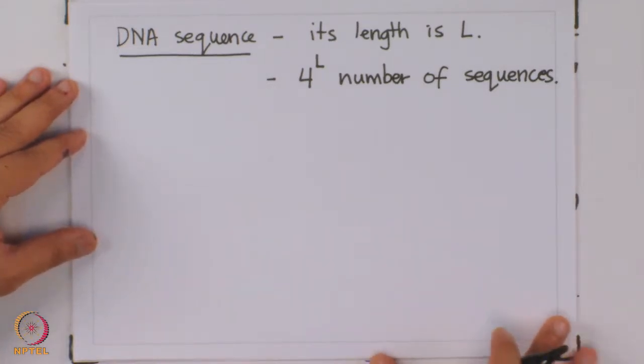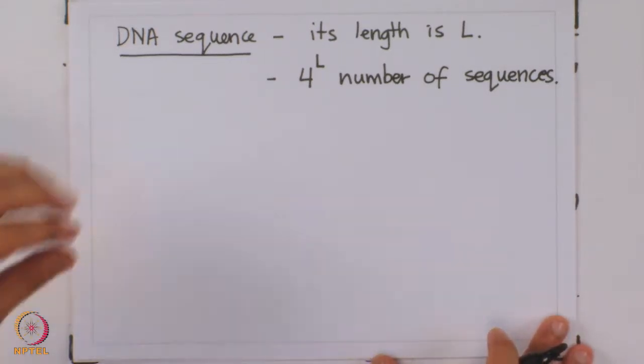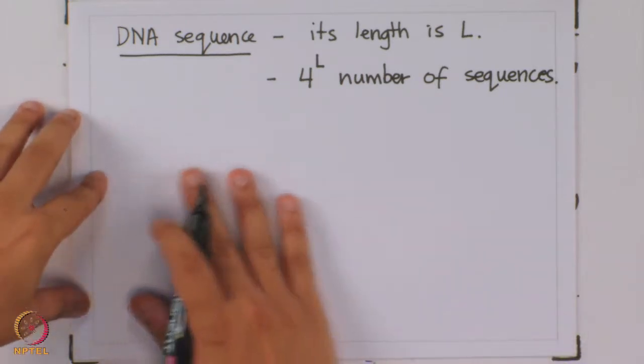Now, what we are going to do with these 4 to the power L sequences is think of a 2-dimensional plane and do a graphical representation of these sequences, where each node represents one of the 4 to the power L sequences that we are talking about.